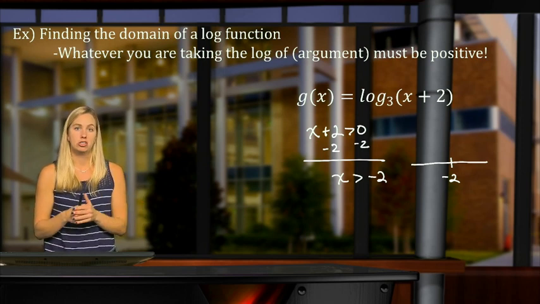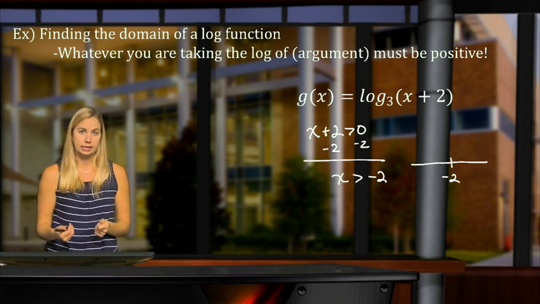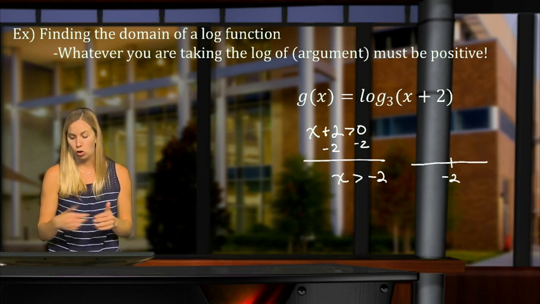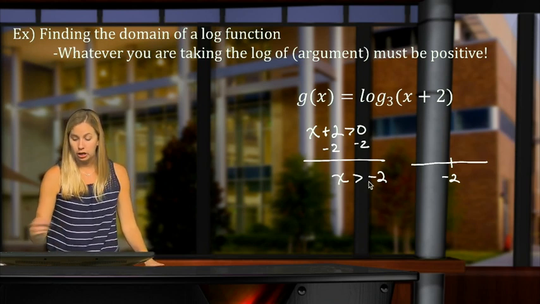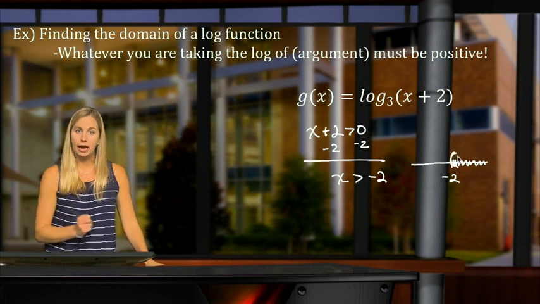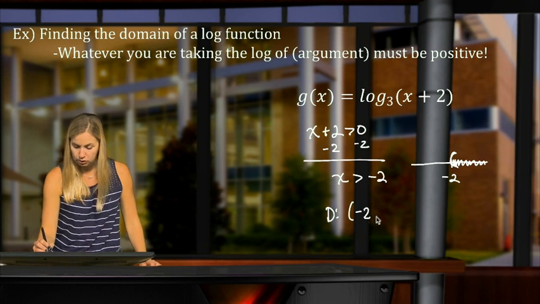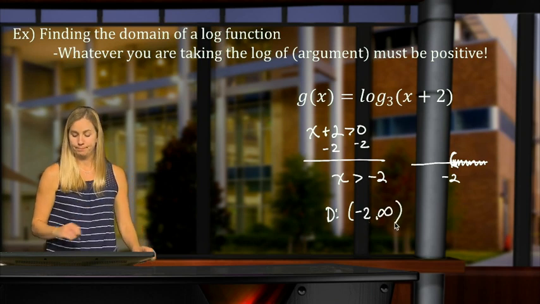I reviewed with you guys just recently, an interval must be stated from least to greatest. So make sure that you're setting up your intervals correctly. Otherwise, they're going to continue to be marked wrong. X is greater than -2 is values to the right. We're not including -2. So our domain is -2 to positive infinity.